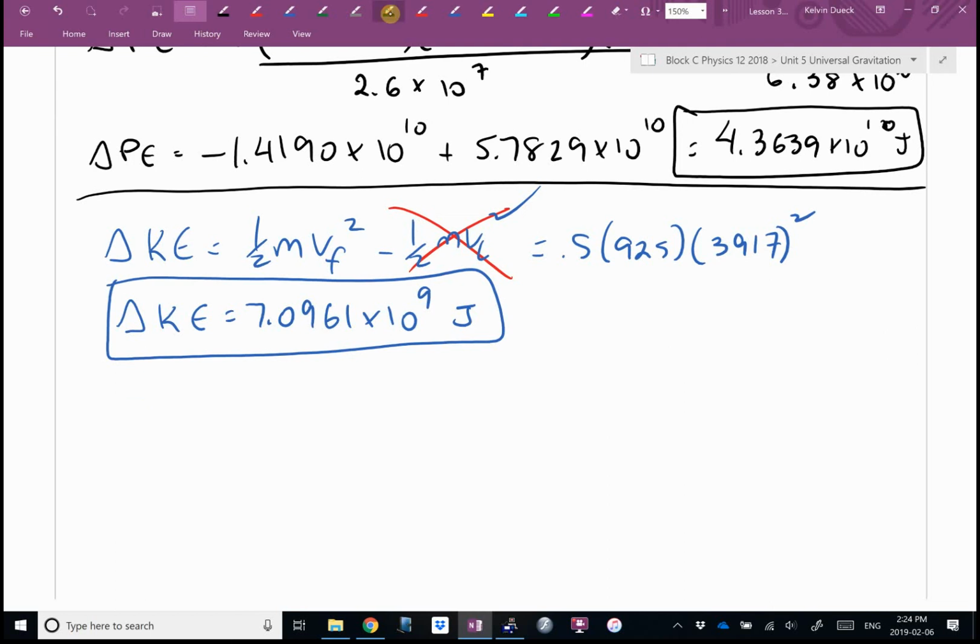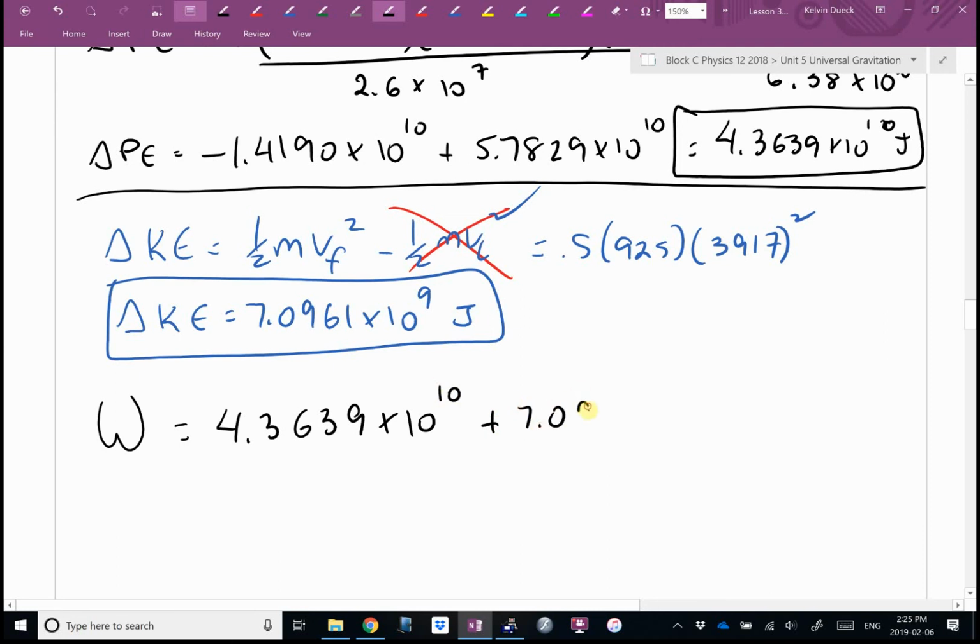Gabe, what do we want to find at the very beginning? How much what? Which was the change in potential, 4.3639 times 10 to the 10th, plus the change in kinetic, 7.0961 times 10 to the 9th.